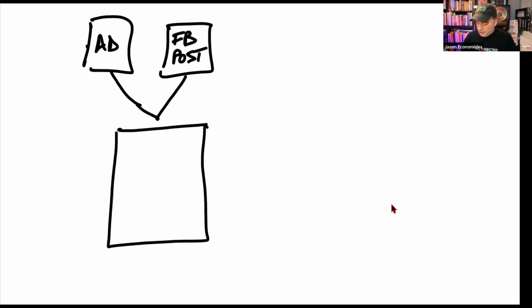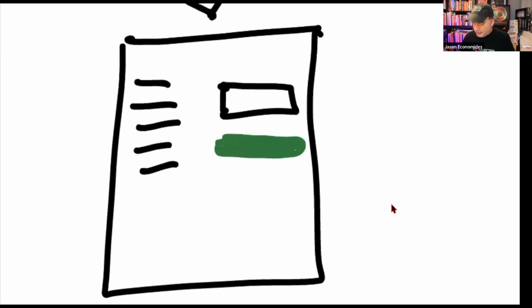And you'll have something very, very simple. It'll be maybe some details about what the thing is, and then you'll have an input field and a button. See, I've got great artistic skills, don't you think?